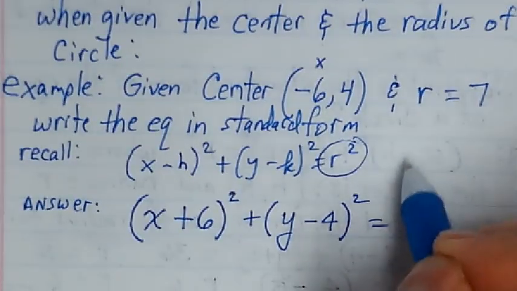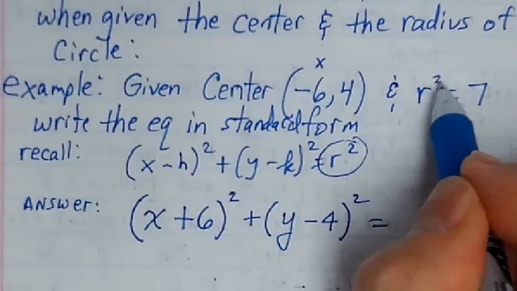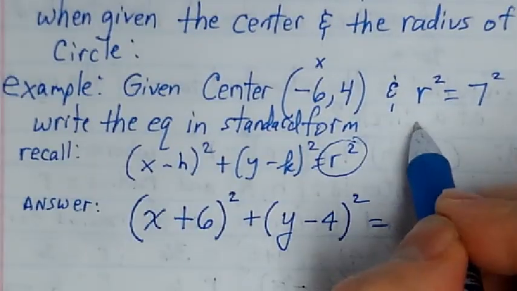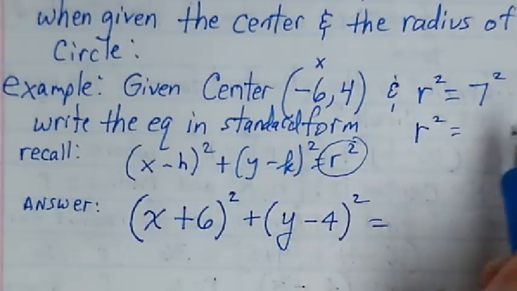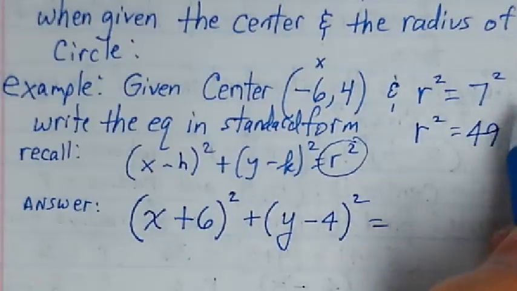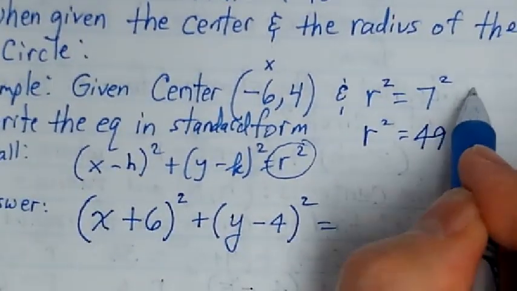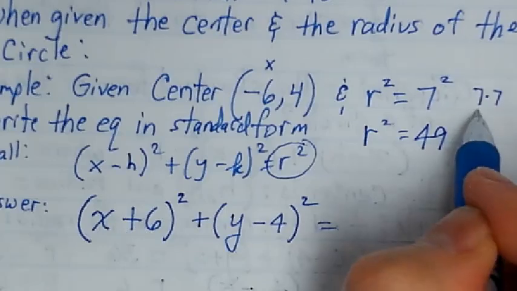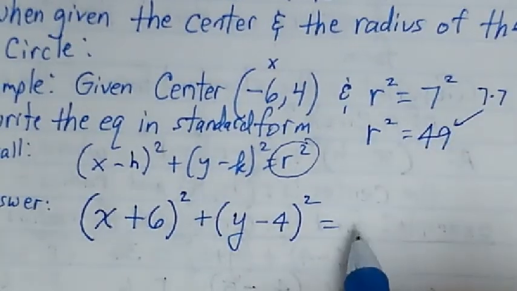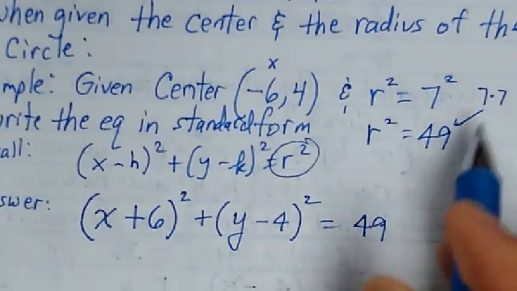So the radius squared is 49, because 7 squared really means 7 times 7. So you got to square it. Guess what this value is? It's the radius squared, which is 49. Because they're telling you the radius is 7, so 7 times 7 is 49, and that's the correct answer.